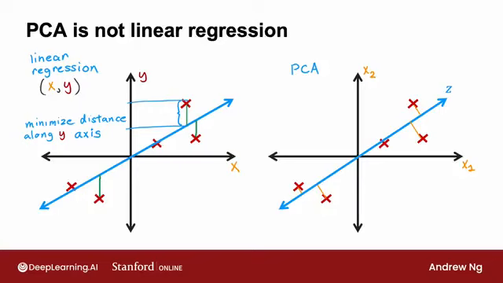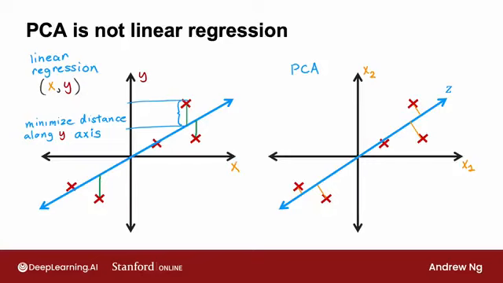And so in linear regression, there is one number, Y, which is given very special treatment. And we're always trying to measure distance between the fitted line and Y, which is why these distances are measured just in the direction of the Y-axis.